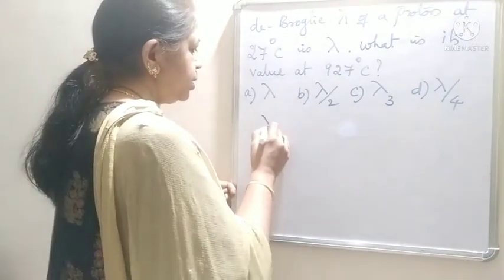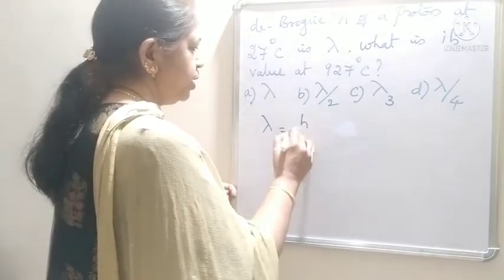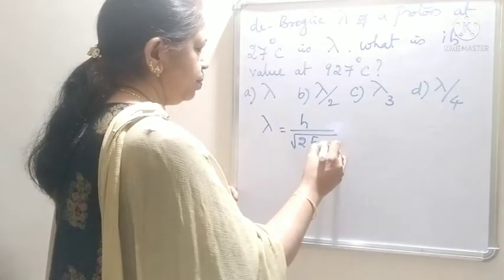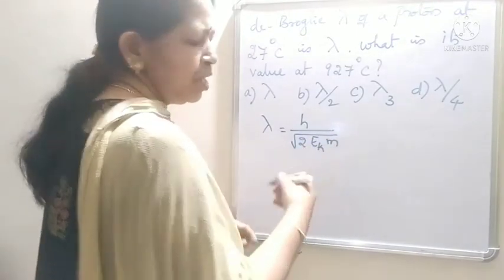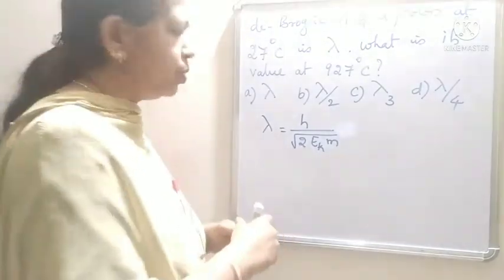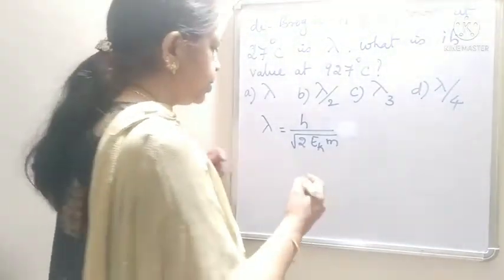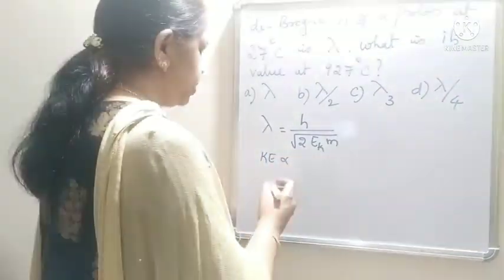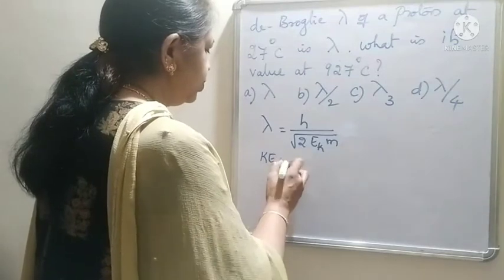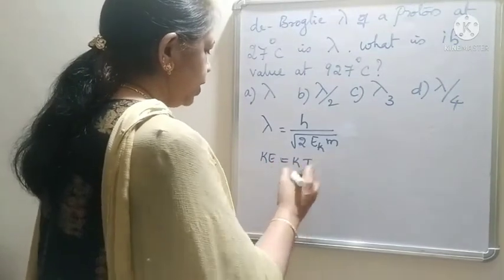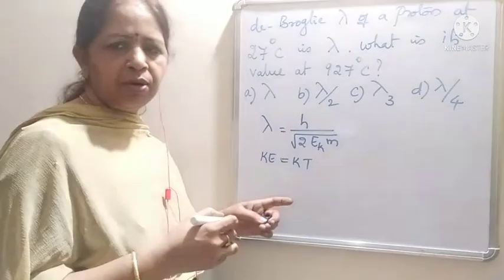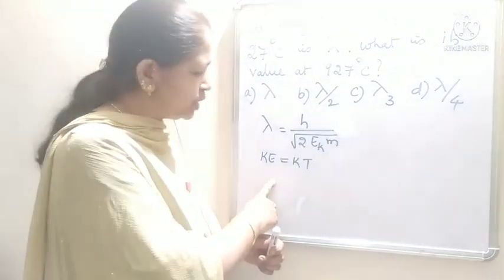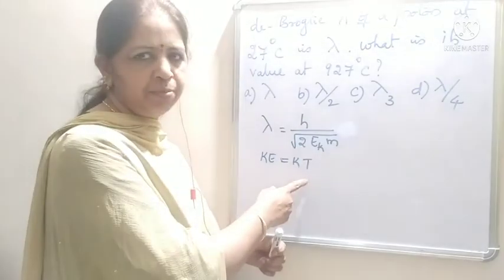Here lambda is equal to h by under root 2 Ek m. Ek is nothing but kinetic energy. According to the kinetic molecular theory of gases, the kinetic energy of gas molecules is directly proportional to the absolute temperature.